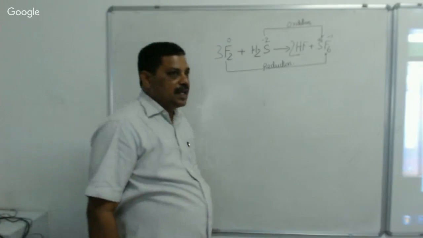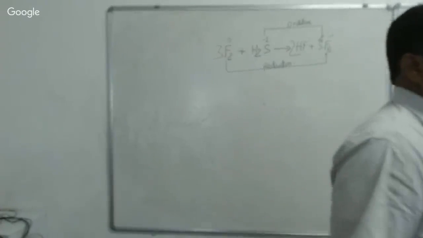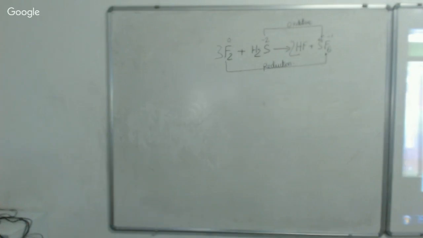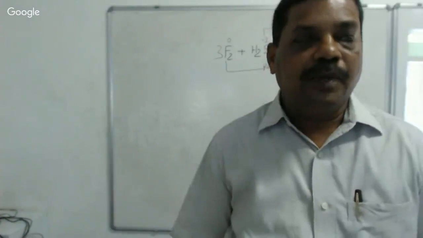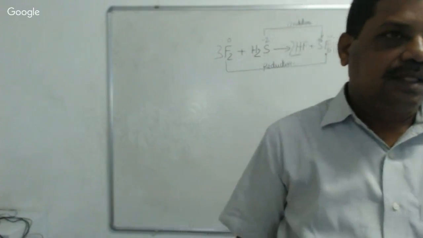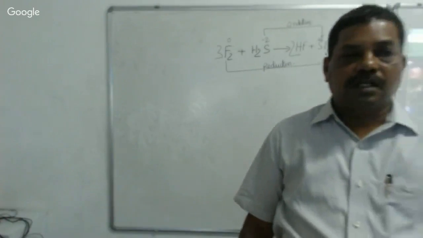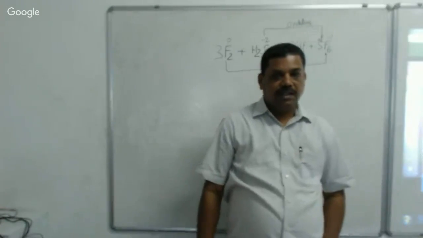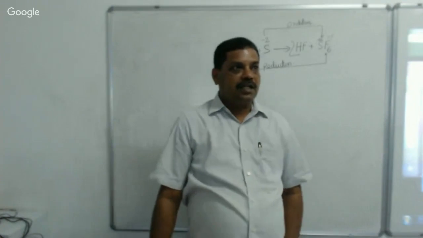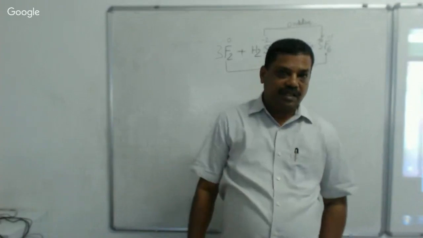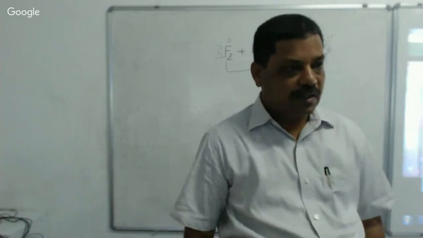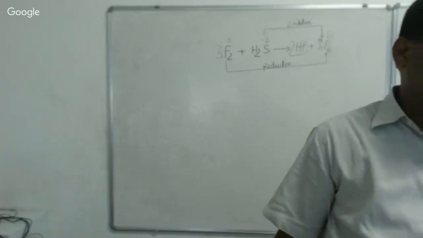So this is another very important property of fluorine. If you summarize the extra properties that we have studied under the heading of chlorine and fluorine, if you look at your notes, chlorine is reacting with carbon monoxide, forming a poisonous gas, carbonyl chloride, COCl2, which is also called phosgene. Similarly, chlorine also reacts with NO gas, nitric oxide, forming what compound?